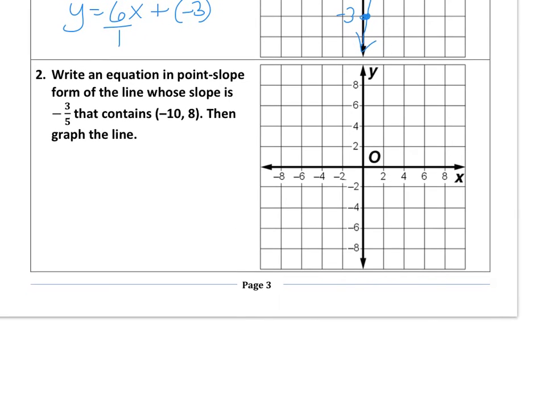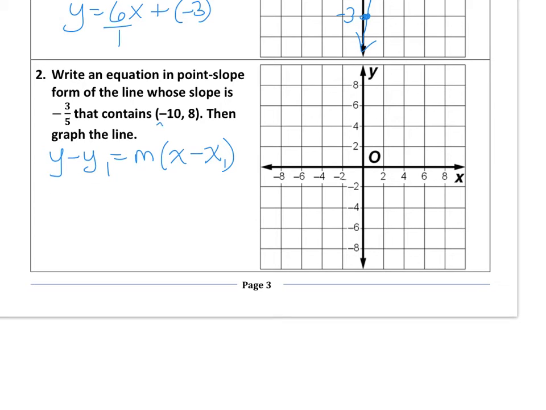All right, write an equation in point slope form. So this is a little bit different, and this is the one that a lot of people don't have too much experience with. So the formula says y minus y1 equals the slope times x minus x1. So I can just substitute in my slope and the point values that I know of.